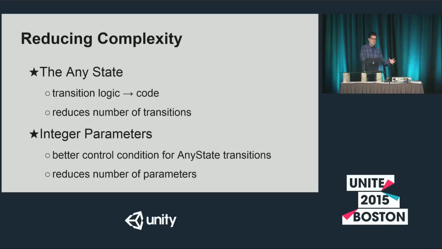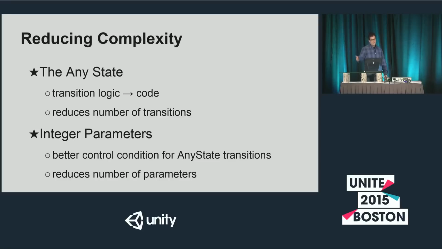When you move things into the any state, you lose all of that because anytime those conditions are met, you're transferring from the any state into that other state. And you've got to pay attention to what is a valid transition before you set the parameters which would cause that transition. But it reduces the number of transitions, which to me is more important because I've got hundreds and thousands of transitions.